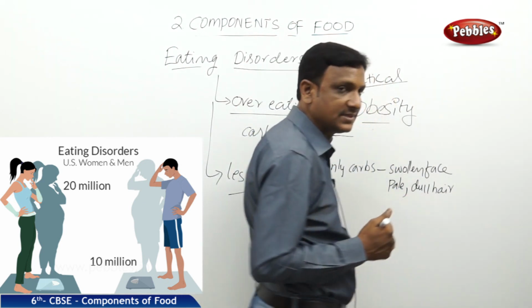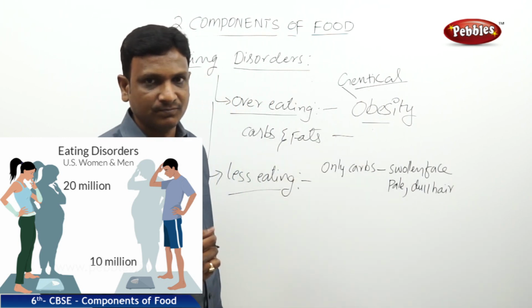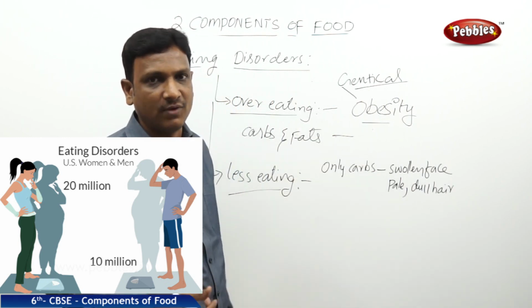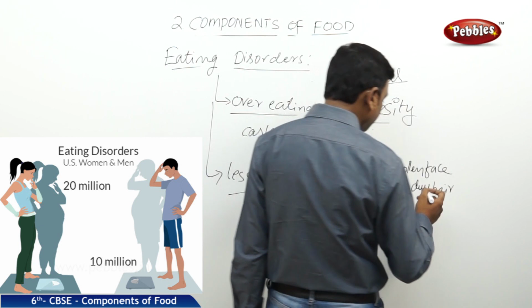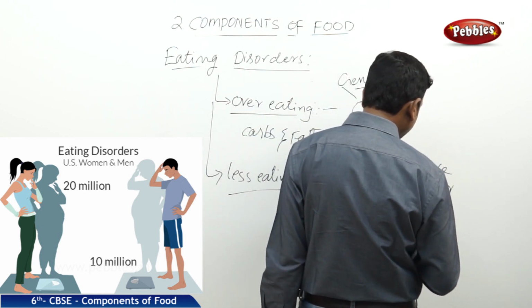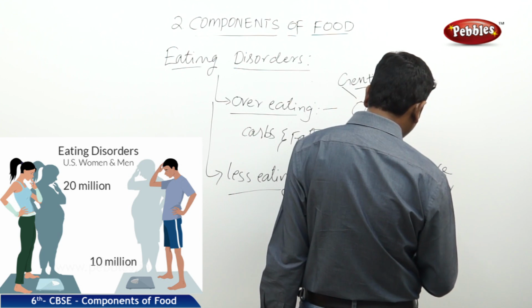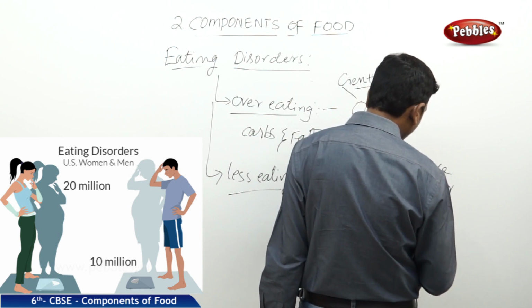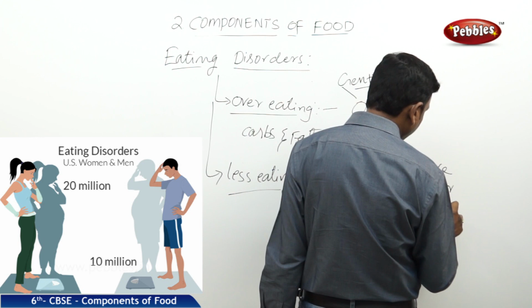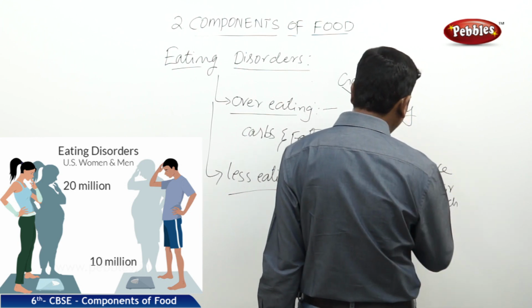They are weak. They look fluffy because of accumulation of water, but they are weak. Hands and legs are thin, but you will find a bulged, swollen stomach. They also have diarrhea.